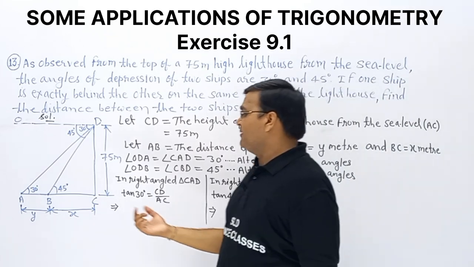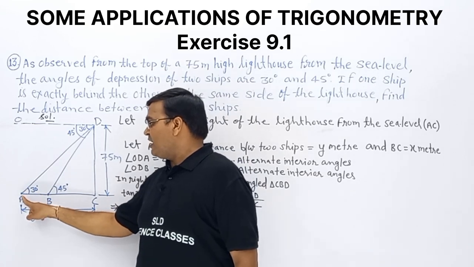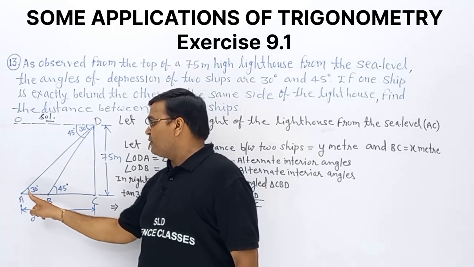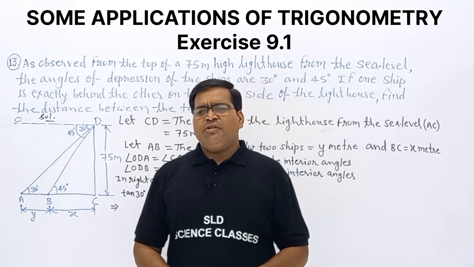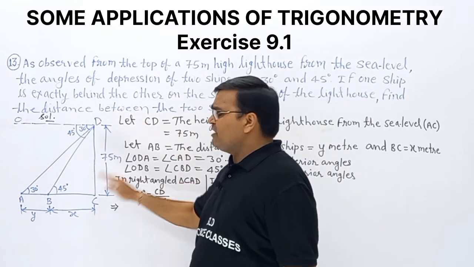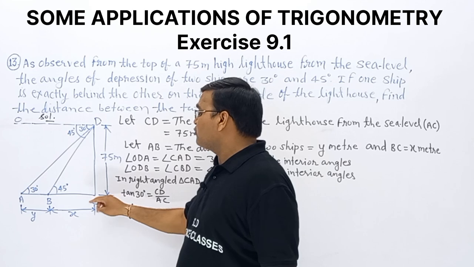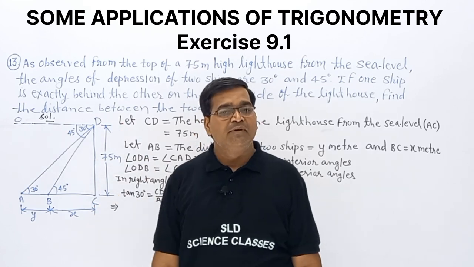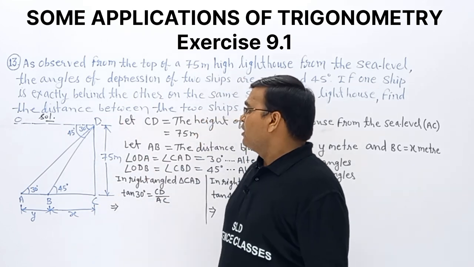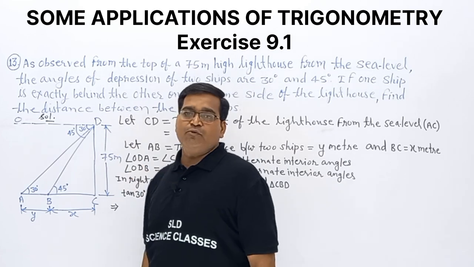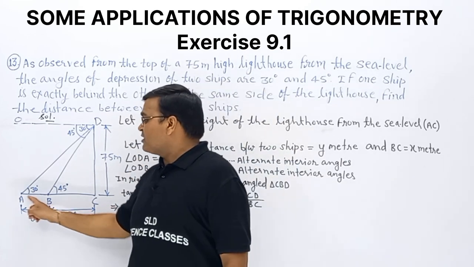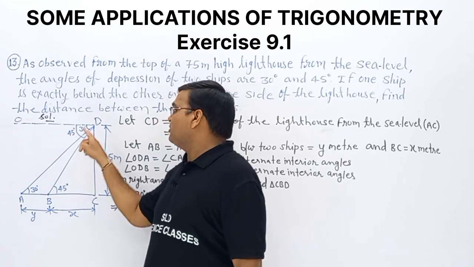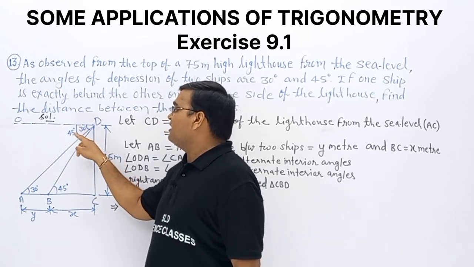We have two ships A and B. What will be the distance between them? We want to find it. Observe, easy question. We have one lighthouse, and its height from the sea level is 75 meters. From the top of the lighthouse, we observe two ships, with angles of depression 30 degrees and 45 degrees, given in the question.